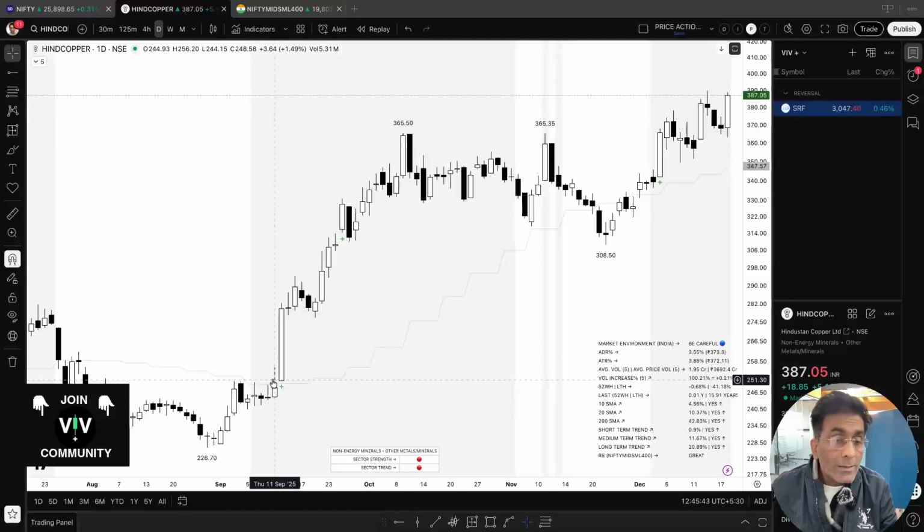The VIV system got positive, meaning the background changed. Earlier it was a white background, then it changed. So what was the buying area? This was the buying area. You can buy near this one.